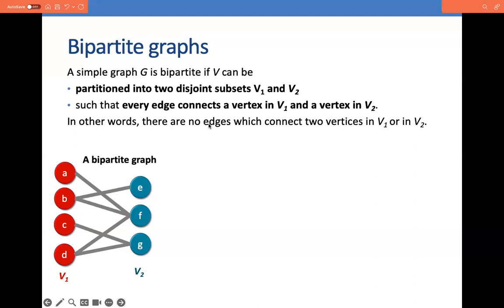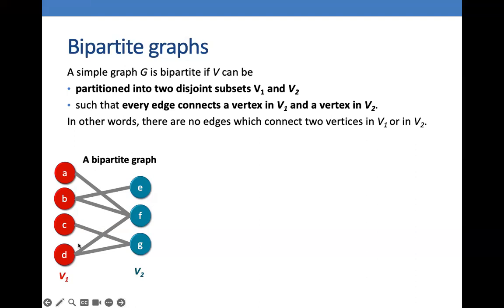Okay, so we said here that there are no edges which connect two vertices in V sub 1 or in V sub 2. And if we check this edge, it connects A, which is from V sub 1, and F, which is in V sub 2. This edge, on the other hand, connects B, which is in V sub 1, and E, which is in V sub 2. And the same is true for other edges.